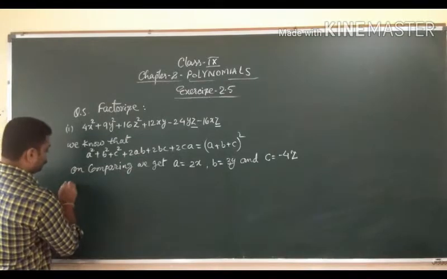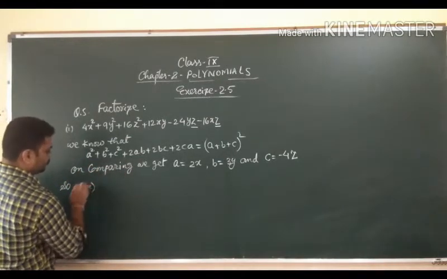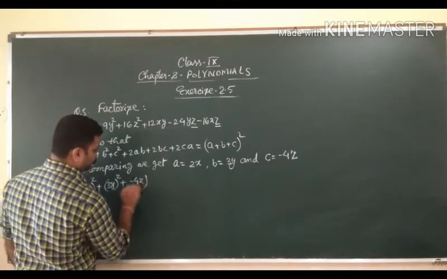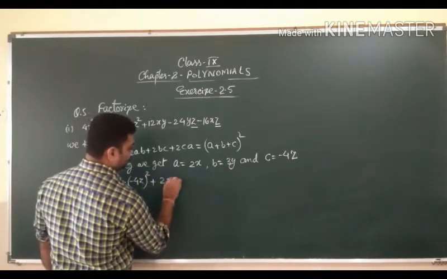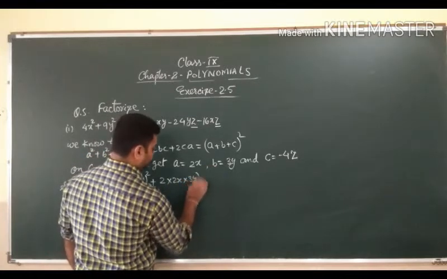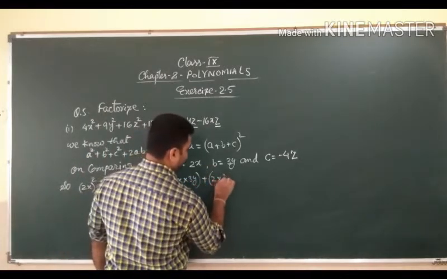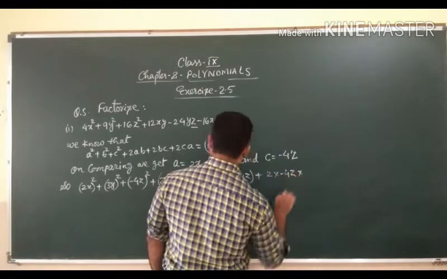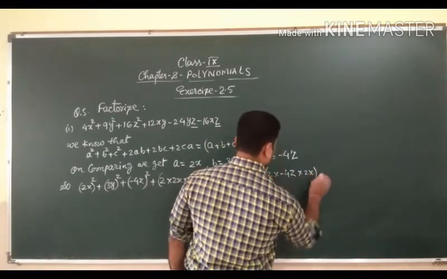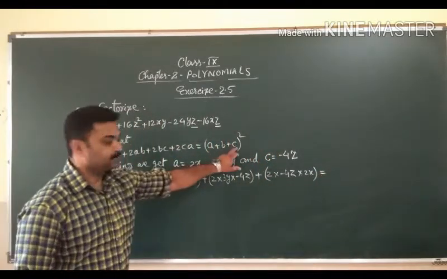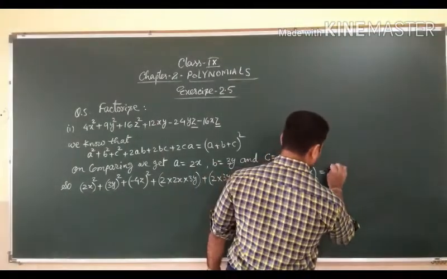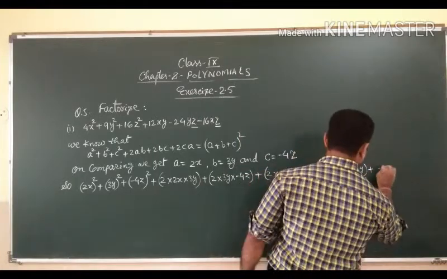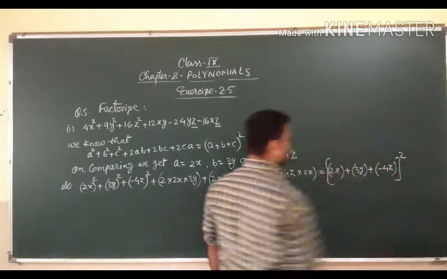Now, a square, that is (2x) whole square, plus b square, that is (3y) whole square, plus (minus 4z) whole square, plus 2 into a, that is 2x, into b, 3y, plus 2 into 3y into minus 4z, plus 2 into minus 4z into 2x, is equal to (a plus b plus c), a is 2x plus b is 3y plus c is minus 4z, whole square.